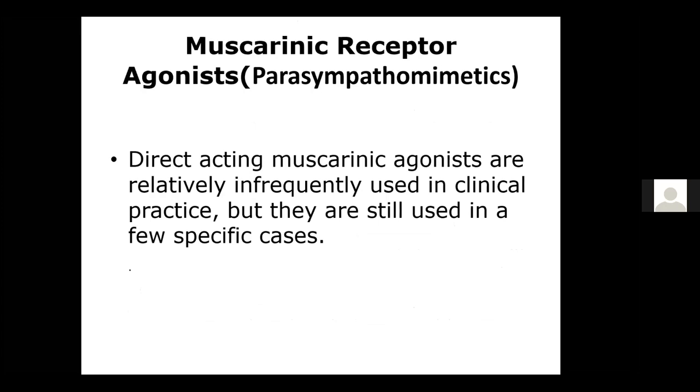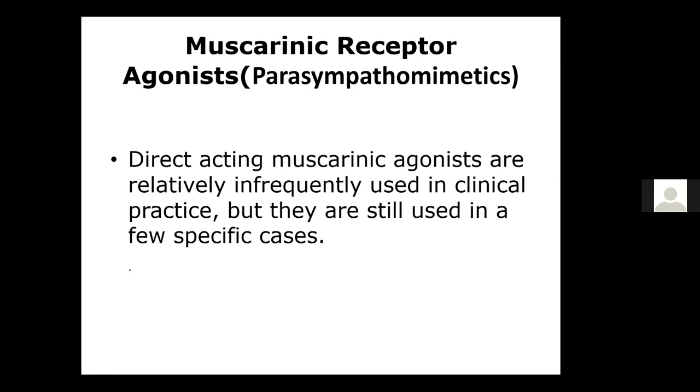I would say there are two muscarinic receptor agonists that you need to know. Now muscarinic receptor agonists, these ones are stimulating the muscarinic receptor, increasing acetylcholine release in the postganglionic parasympathetic system, and causing exaggerated parasympathetic effects.